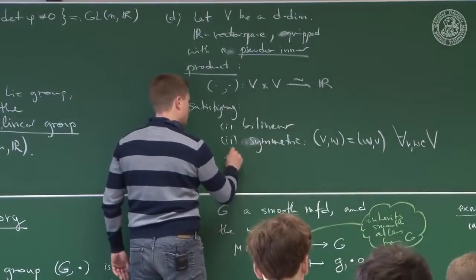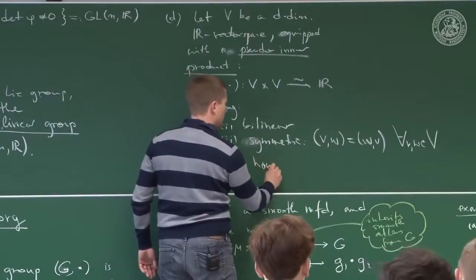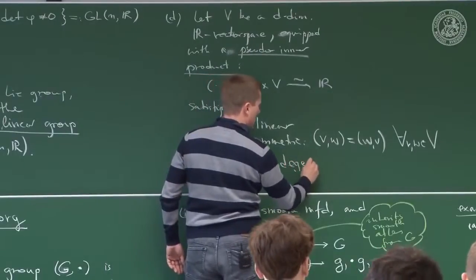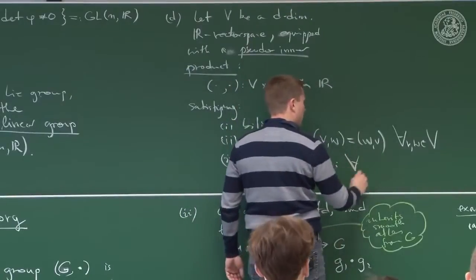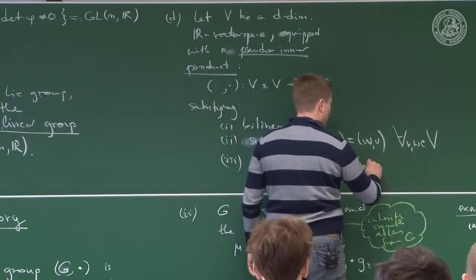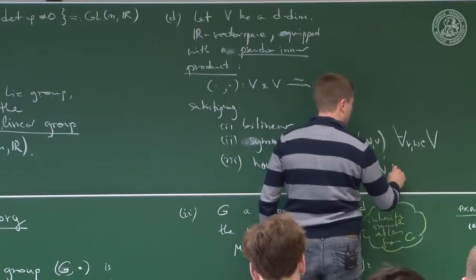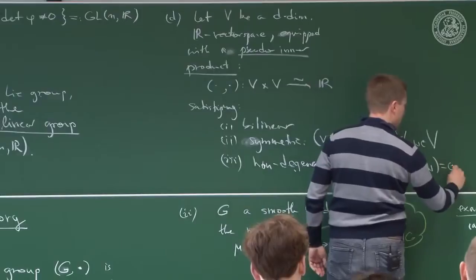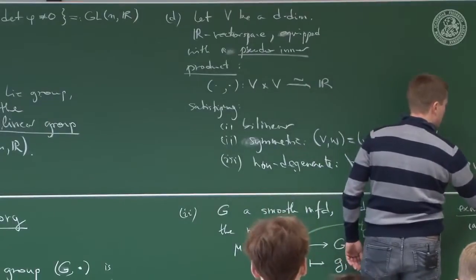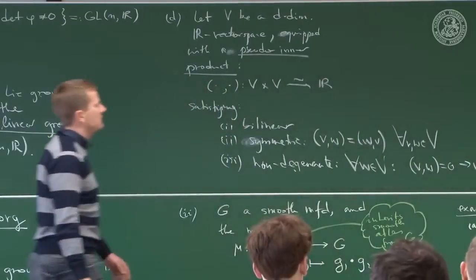And the third property is that it be non-degenerate. Non-degenerate means that if for all w in V it is true that (v,w) is 0, then it's already true that v must have been 0.